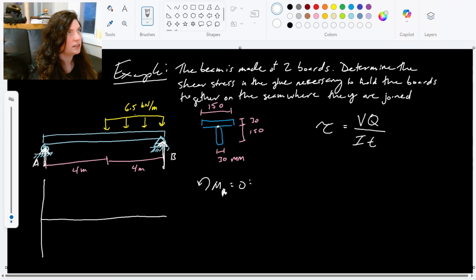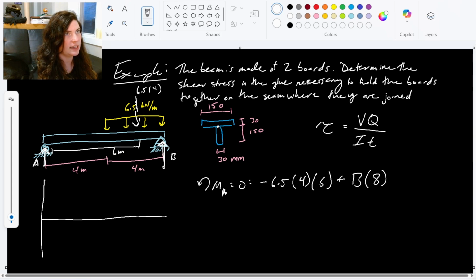So a moment about A. I'll get my negative 6.5 kilonewtons per meter over 4 meters, and its resultant is right here. So this would be our 6.5 times 4, and this distance is 6 meters, since it happens halfway through our rectangular distributed load. So 4 plus 2 is 6, times 6, and then plus B times its distance away, which is 8.